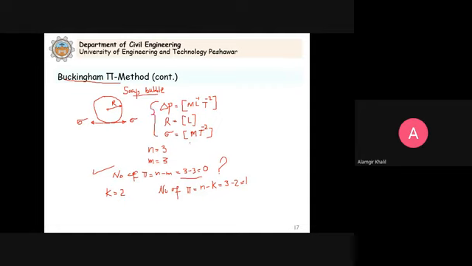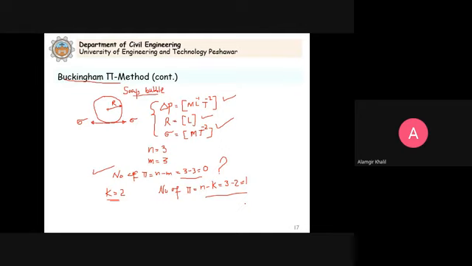You go back to step number 1 and see if you have missed any important variable, or you included unnecessary parameters. This should be the first step. If you are sure that this is correct, then you reduce k by 1 and try to solve the problem.